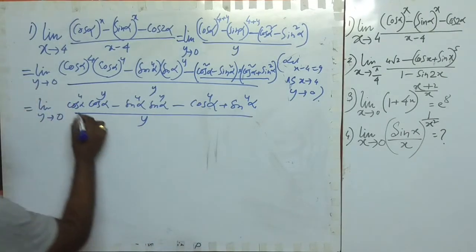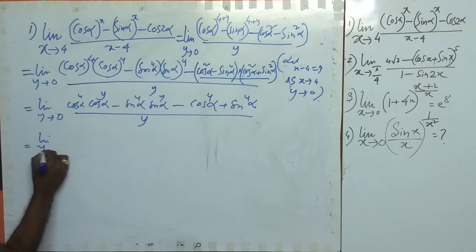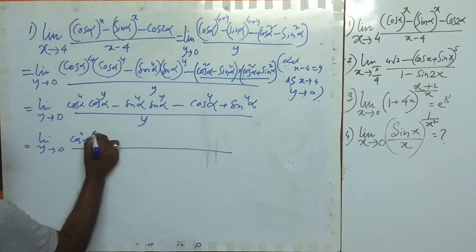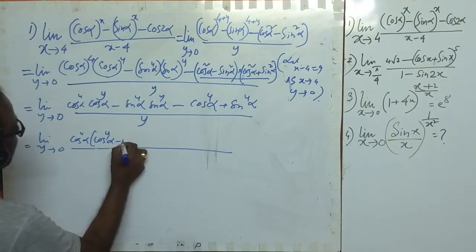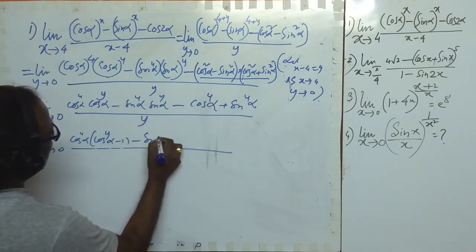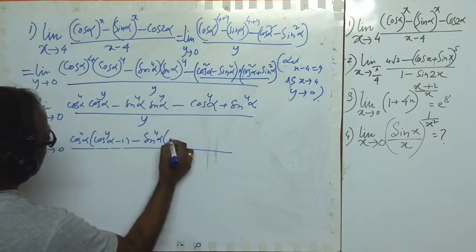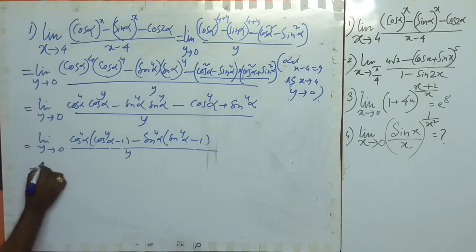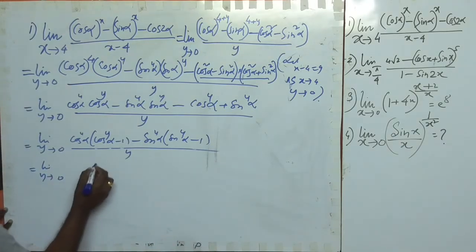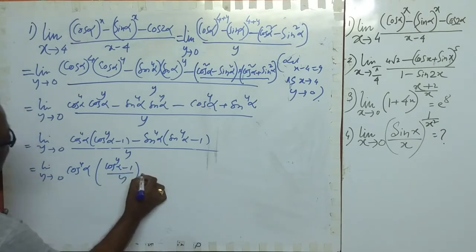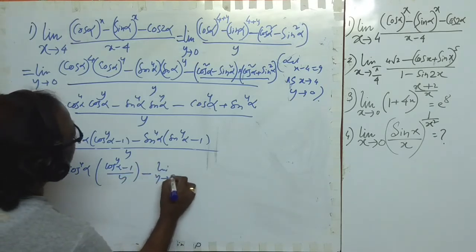And we have taken common within the bracket: one is cos alpha to the power 4 from the first part, and again common sin alpha to the power 4, all by y. And see here, limit y tends to 0, and this is the formula: cos alpha to the power y minus 1 by y.